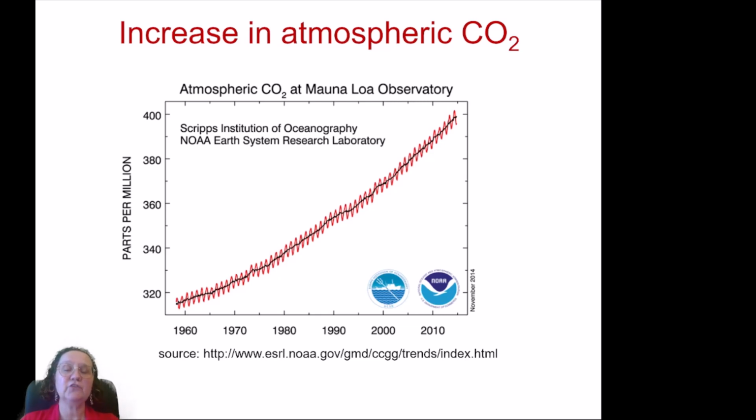How would the increase of atmospheric CO2 because of climate change affect the acidity of the oceans? Well, this is the level of atmospheric CO2 measured in Hawaii, at the Mauna Loa Observatory, from the 60s to 2020, give or take, and how it has increased over the last 50, 70 years.